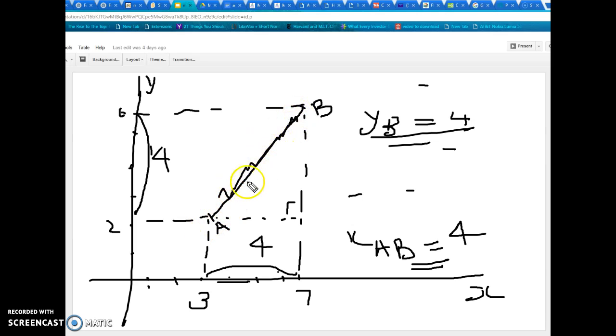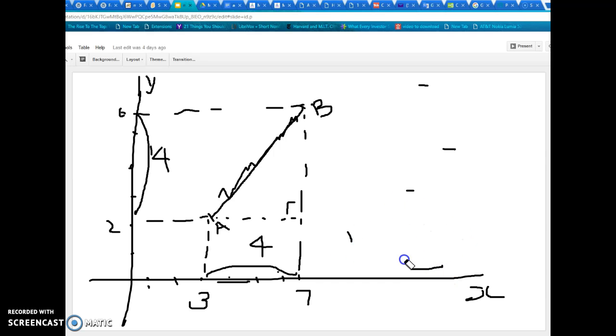I can use it right now. If I move it like this, I'm gonna have this triangle. I can use the Pythagorean theorem. I'm gonna have AB as the hypotenuse. So I don't need this anymore. I can use the Pythagorean theorem.